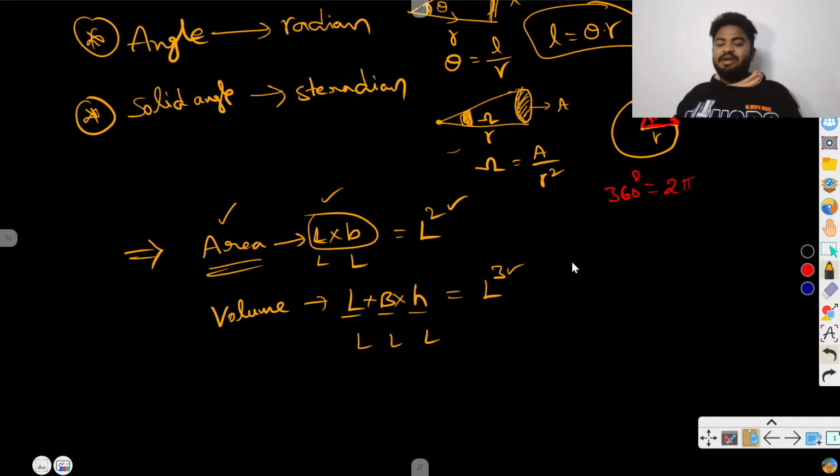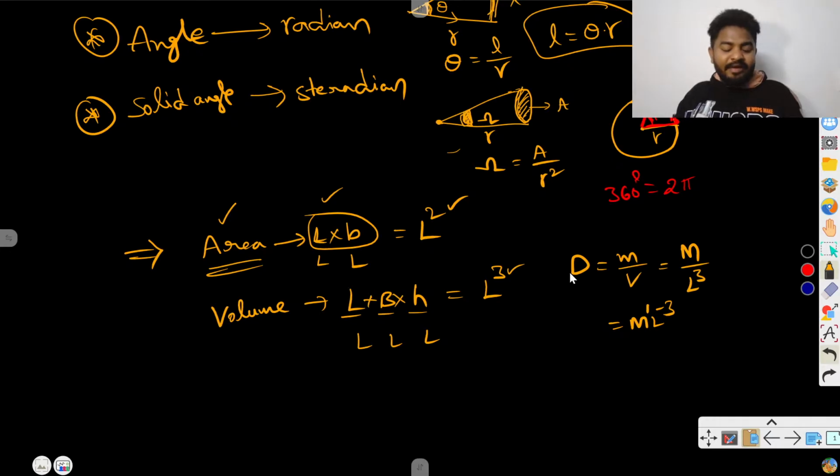Next, if I take density, it is equal to mass by volume. The dimension of mass is M, for volume it is L cube, so I can write M L to the power minus 3. Here is the dimensional formula of density.